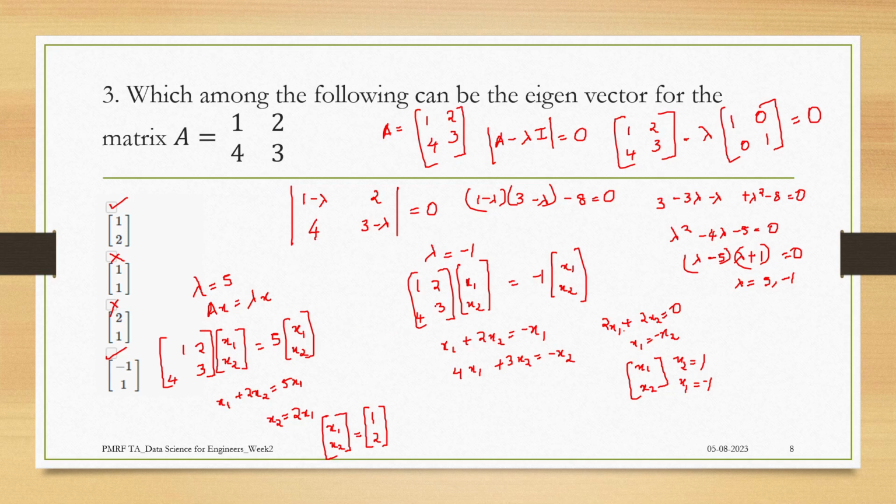Now you are in final value for the matrix 1 2 4 3. Your voice is not clear to me. Can you type in the chat window? Yes, ma'am. Okay. So I hope everyone else is clear. Then option 1 and 4. Okay.